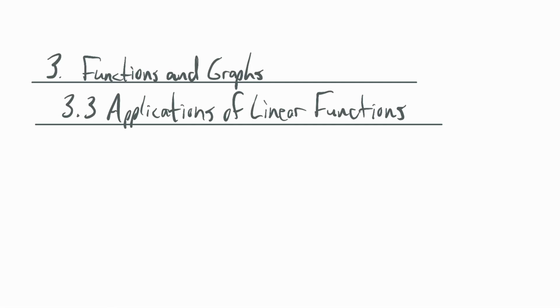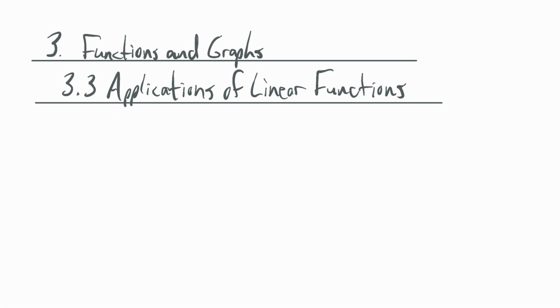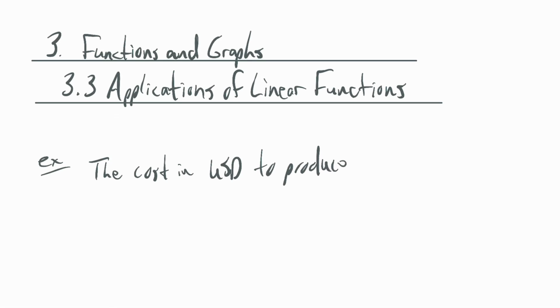So let's say that we have a function that we're already given. Let's say that the cost in US dollars to produce some widget. I don't know, let's say these are some sort of microchip for a computer device, right?